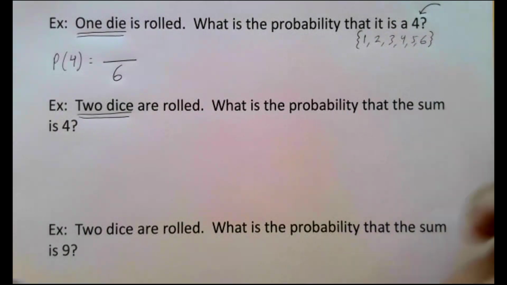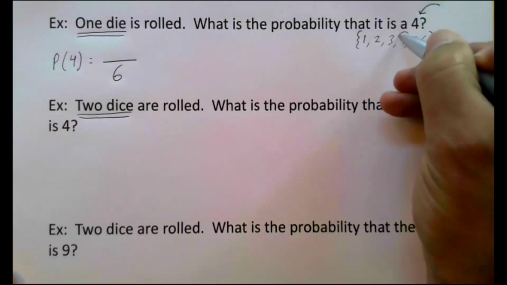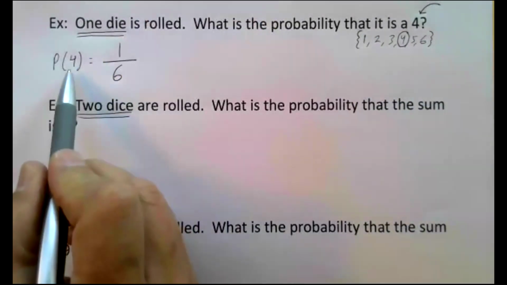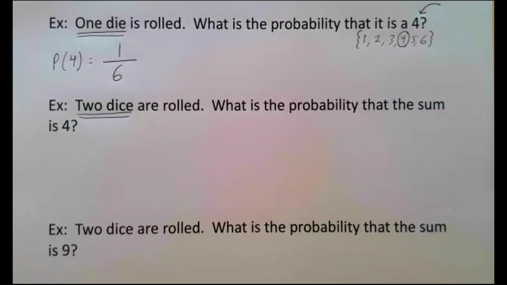And how many of those 6 would be the number 4? Just that one. Only one out of the six meets the requirement of being a 4. So there's a 1 out of 6 chance that if you were to roll a single die, it would land on a 4.